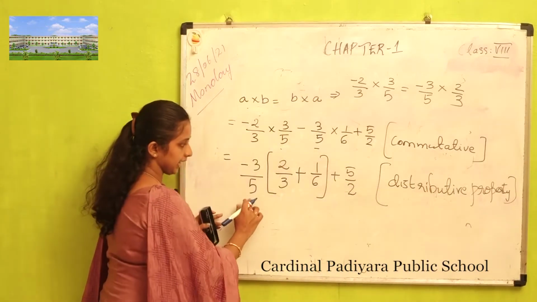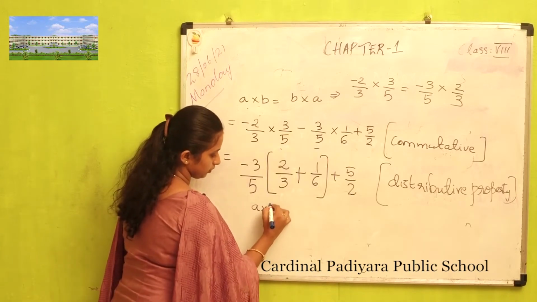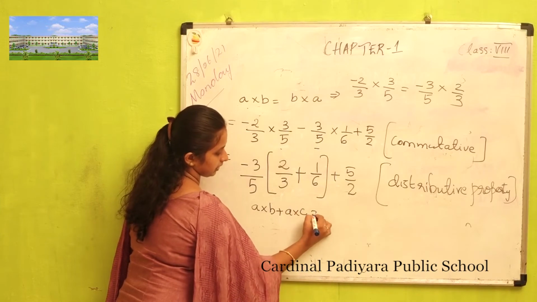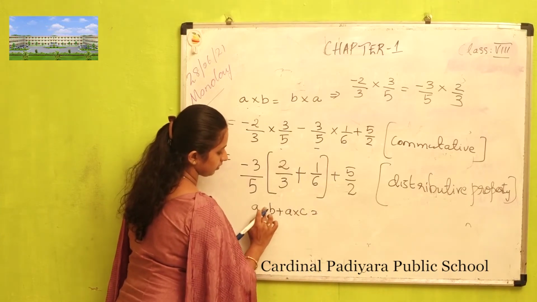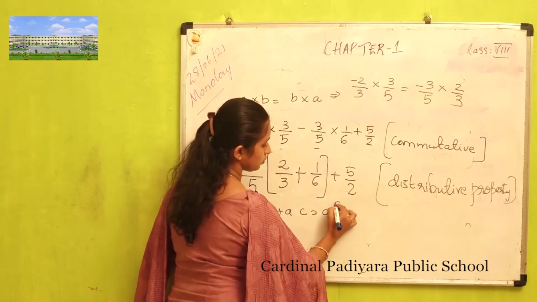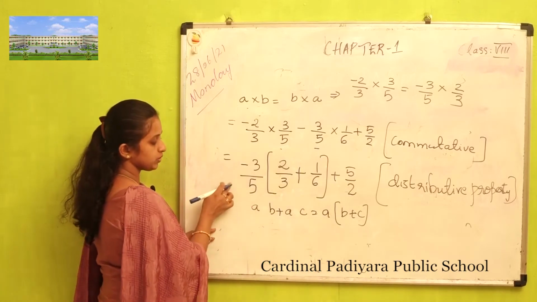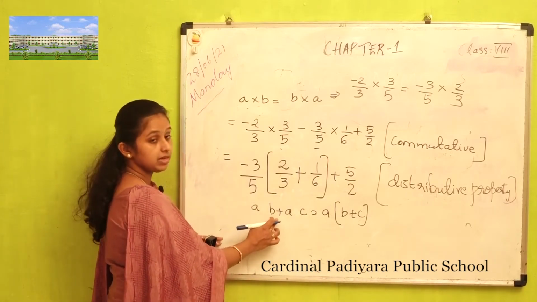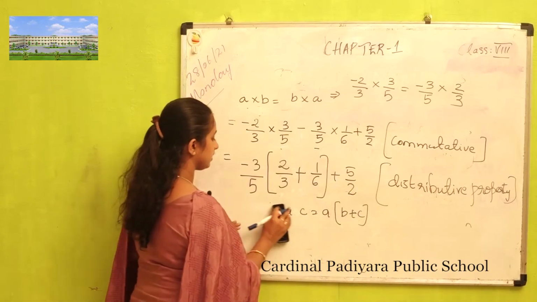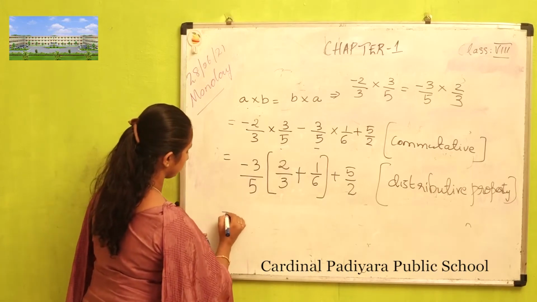That is, this is A, this is A, this is B. A into B plus A into C can be written as A into B plus C. So this property we have used here. A into B plus A into C is written as A into B plus C. This is a distributive law. Okay.